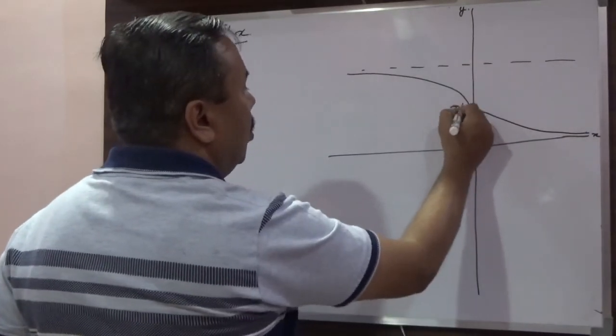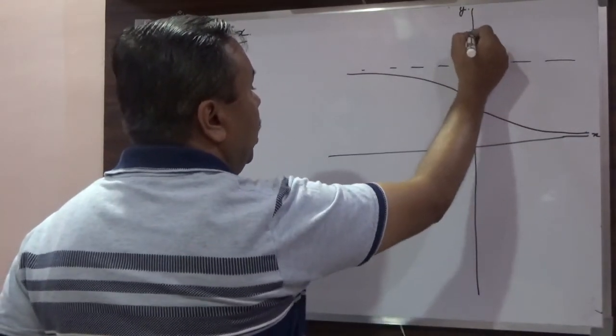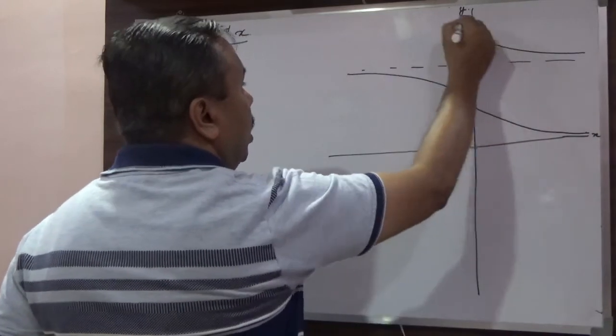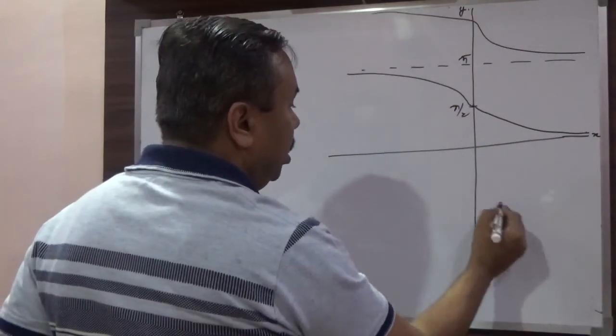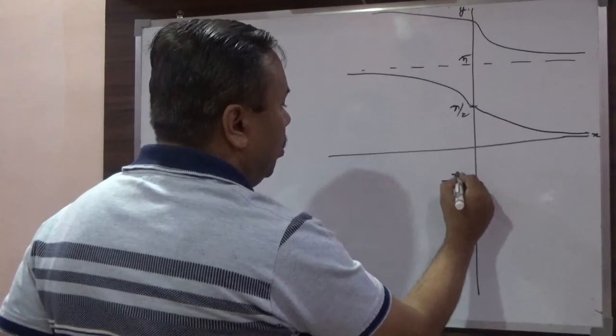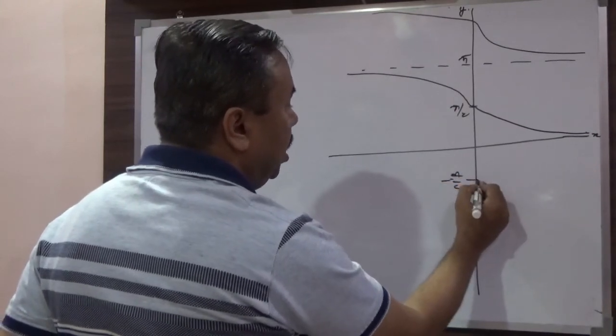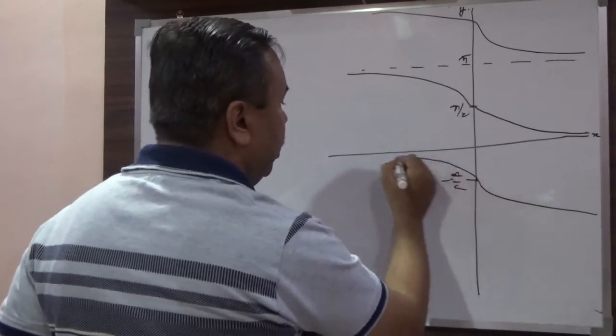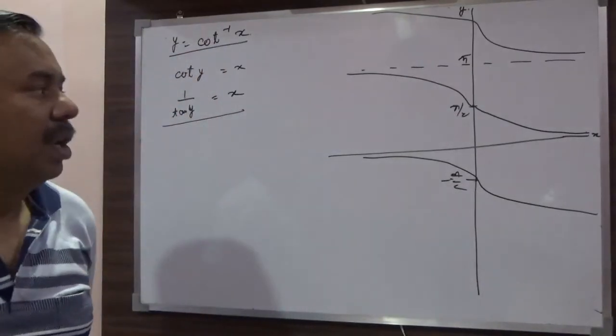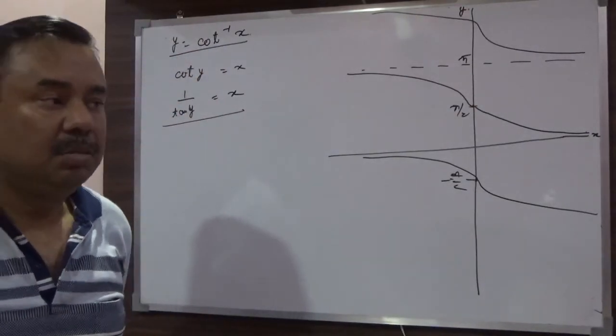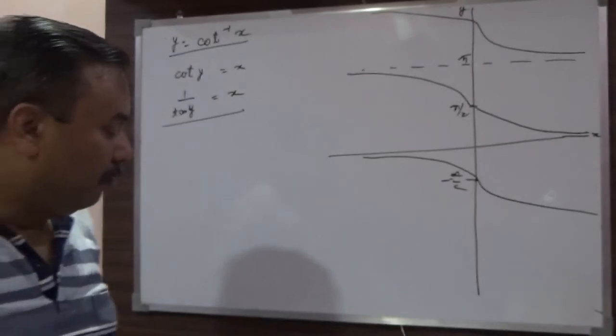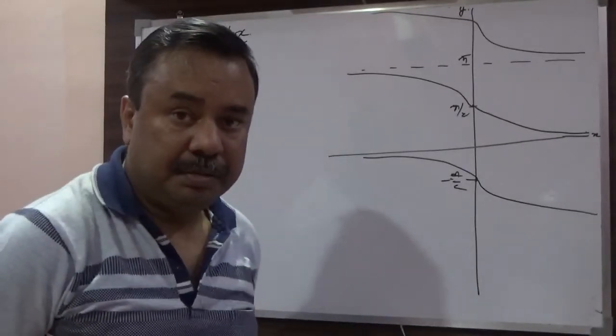This is pi by 2, this is pi, and similarly at minus pi by 2, it will once again be 0 like this, and such type of graph you will be getting.